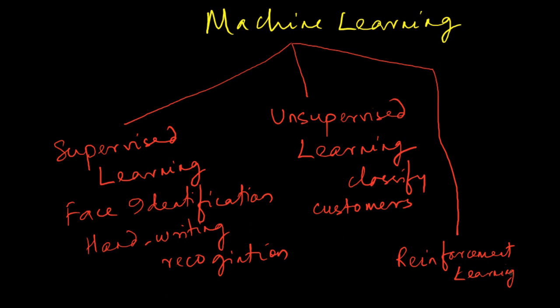It's like when a human being learns how to dance or to act or to ride a bicycle or to drive a car. That is a kind of reinforcement learning where you are not trying to find patterns in a data set. You are not trying to find a function that will map an input to an output, but you are trying to learn how to perform a certain action. For example, you must have heard about the AlphaGo algorithm, which has been able to learn how to play Go and defeat even the world champion.